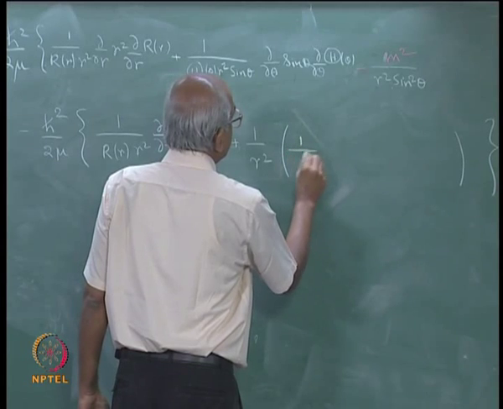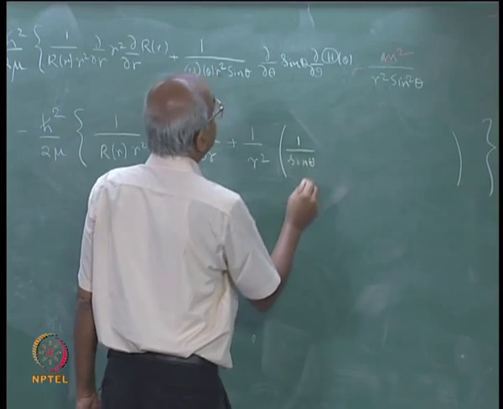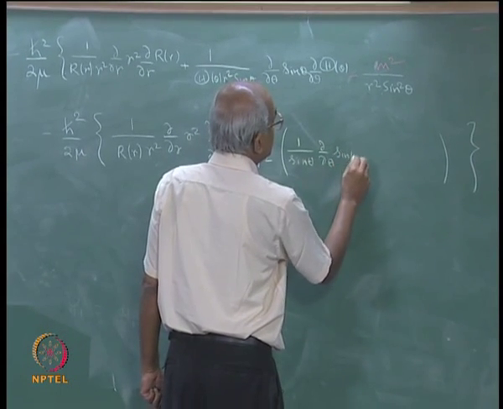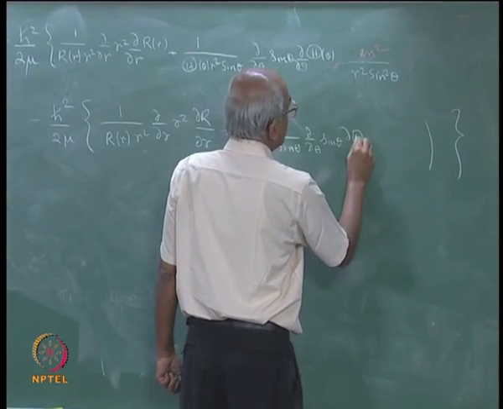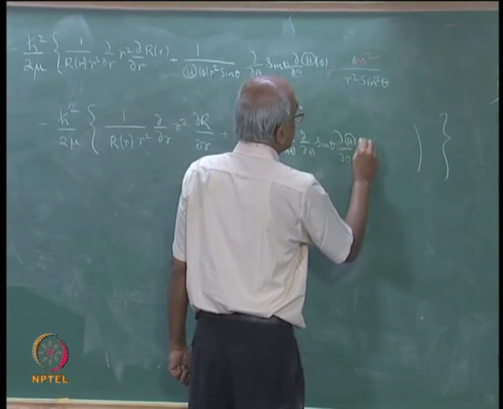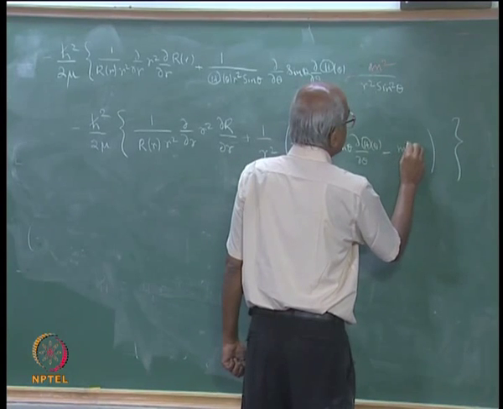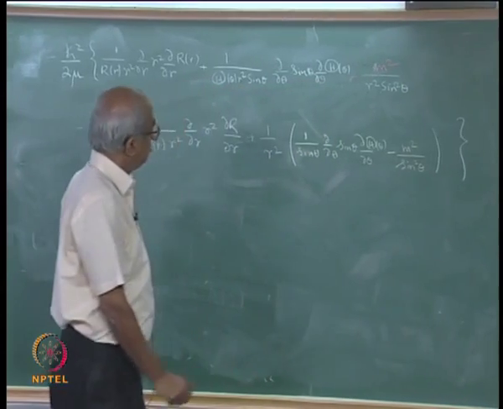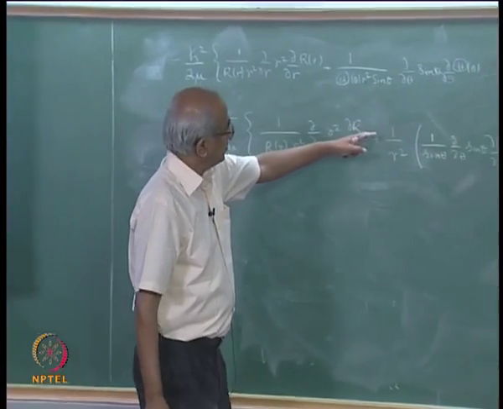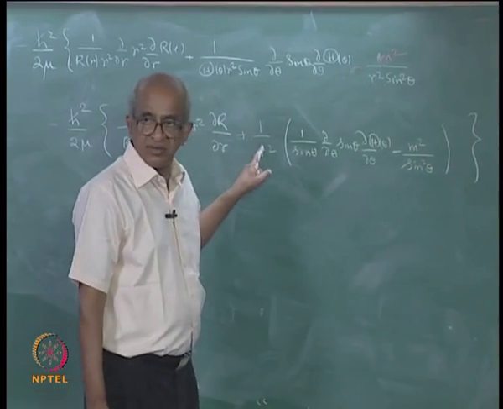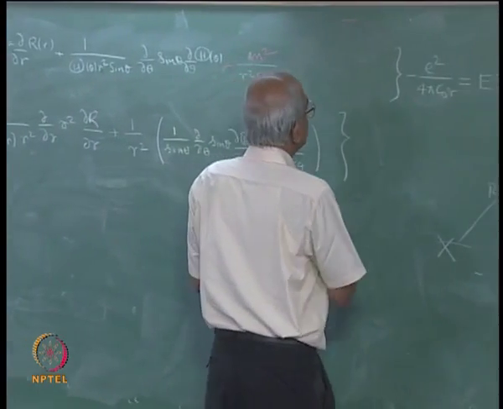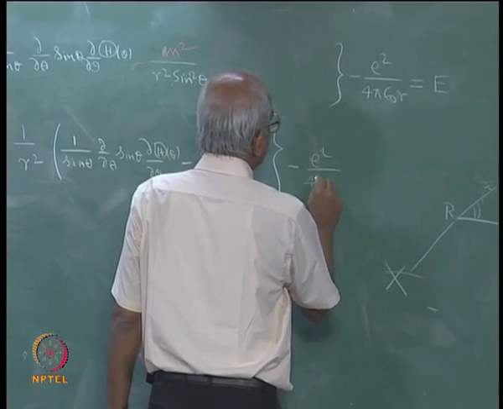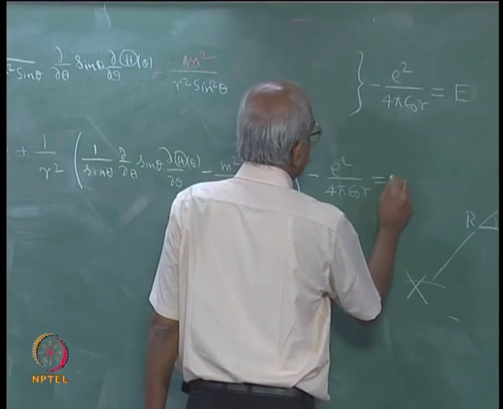It's actually 1 by sin theta, dou by dou theta, sin theta dou capital Theta by dou theta of theta, minus m square divided by sin square theta, right, and of course you have 1 by r square, I have taken that out, and then plus, well actually not plus but minus e square divided by 4 pi epsilon 0 r is equal to E.